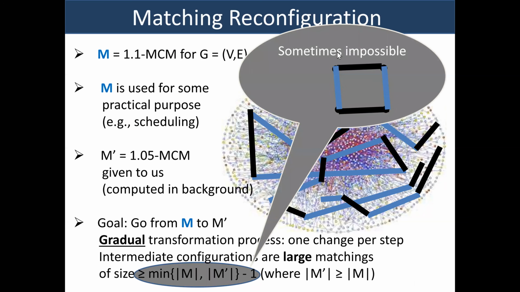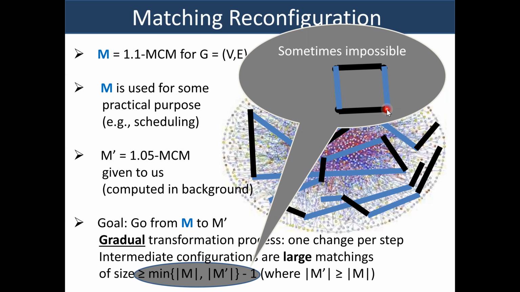But you see that even this 1 unit of loss is not always sufficient. Let's say that the two blue edges are the edges of the source matching, and we would like to move to the two black edges. But adding even one of the black edges requires us first to delete the two blue edges from the output matching.